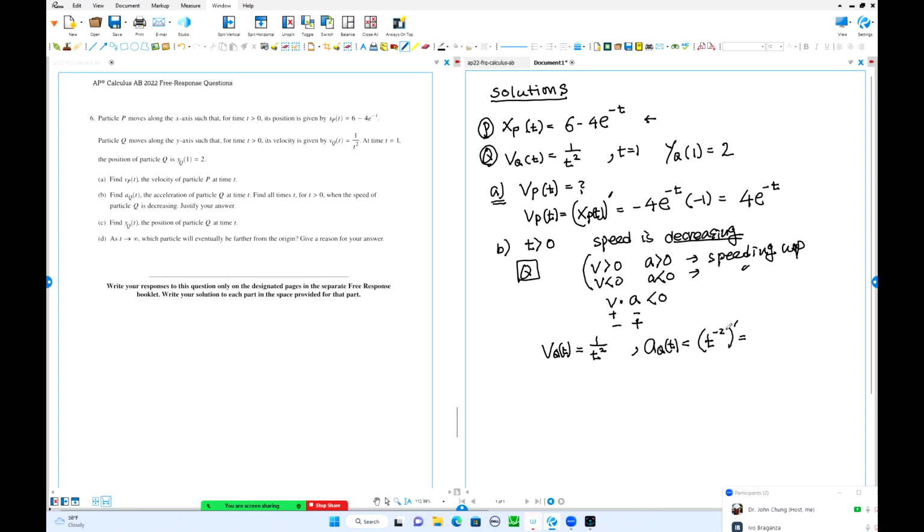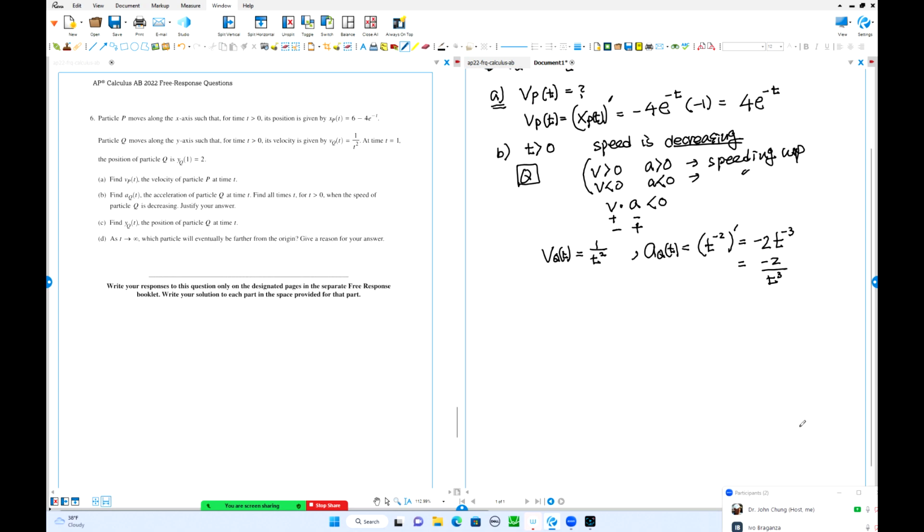Can you find the derivative of this one? Negative 2 moves to the front, t to the negative 2 minus 1 is t to the negative 3. That is the derivative, which equals negative 2 over t cubed, isn't it? Are you okay with this?